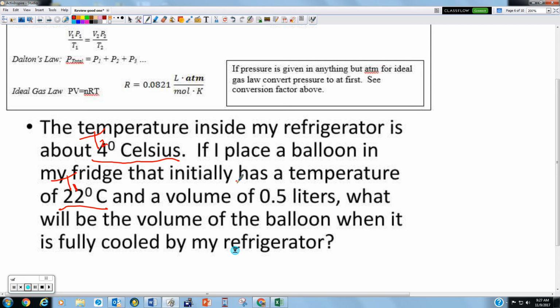And an initial volume, that's a V1, of 0.5 liters. What will the volume of the balloon be when it's fully cooled by the refrigerator? So that's V2.